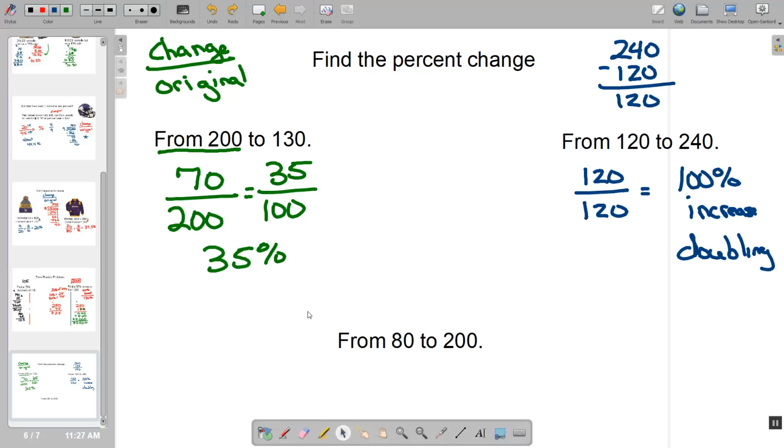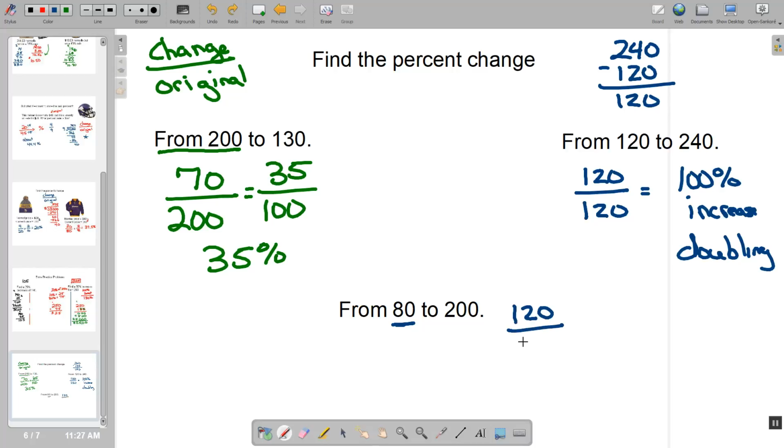And now our last example is from 80 to 200. So 80 is our original. 200 is our new number. So 80 to 200 is 120 for the change. And 80 is our denominator for our original. And I notice immediately that our numerator is bigger than our denominator.